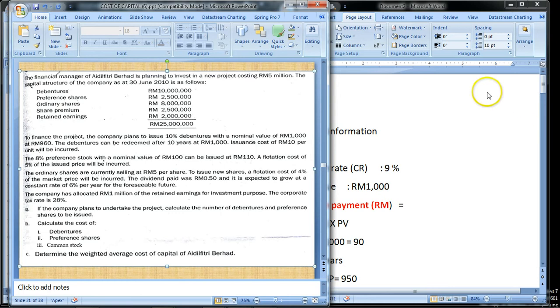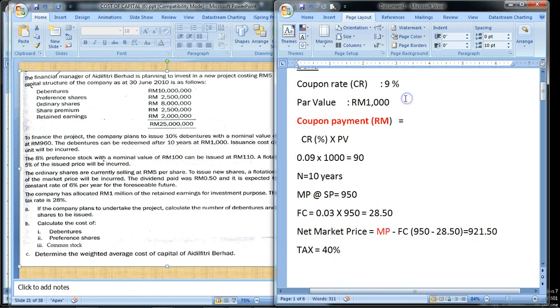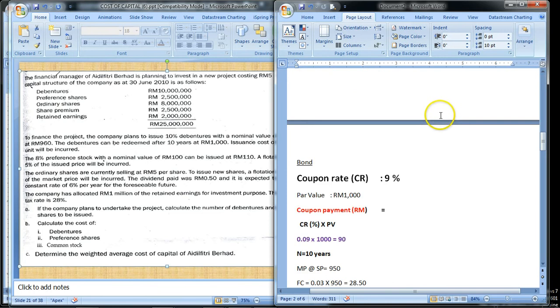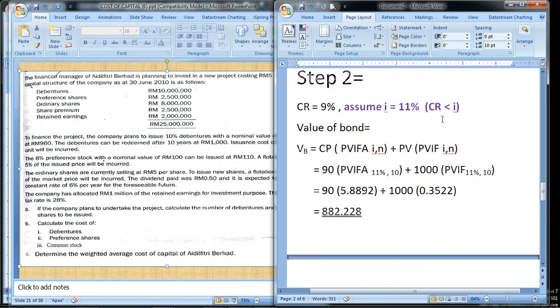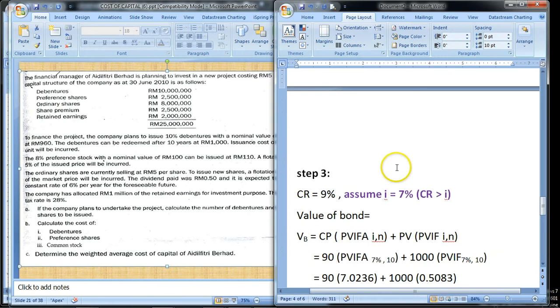Okay, I want to repeat. For instance, the price is 960, and the debentures can be redeemed after 10 years at 1,500, for example. Make sure your FV actually must use the maturity value.